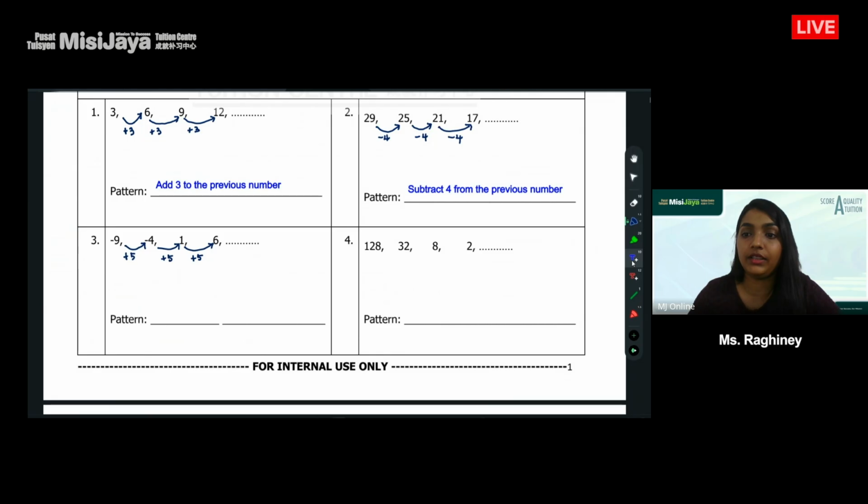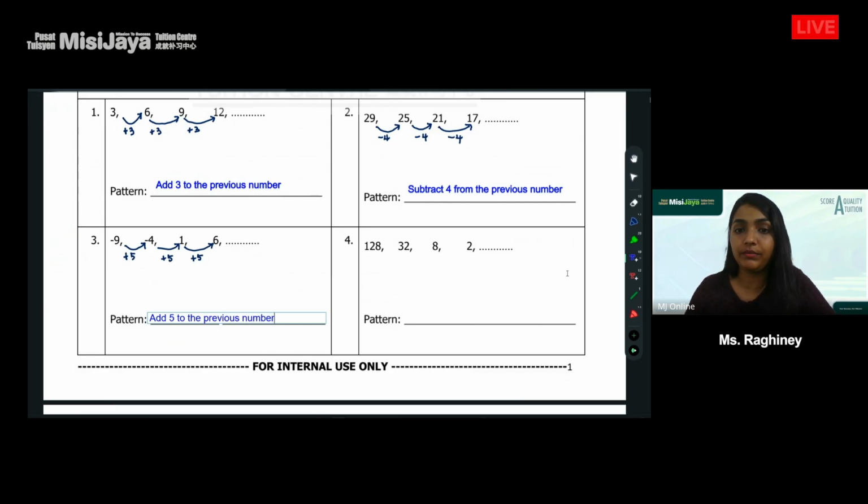So our pattern, how do we write it? Add 5 to the previous number.